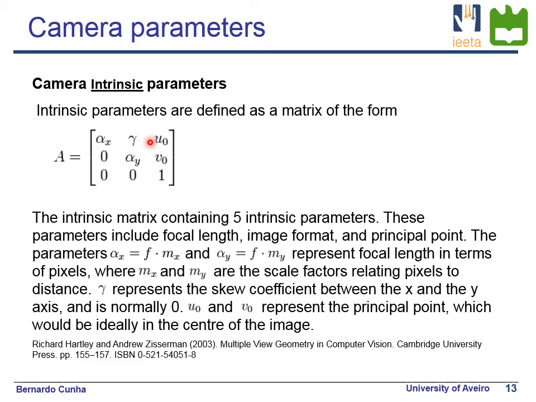And finally, the u0 and v0 represent the principal point, which ideally will be in the center of the image, but in some situations, due to misalignment between the lens and the sensor, can be slightly on the side. I recall that the principal point is the point that is hit by a light vector which is normal to the sensor and goes through the pinhole.